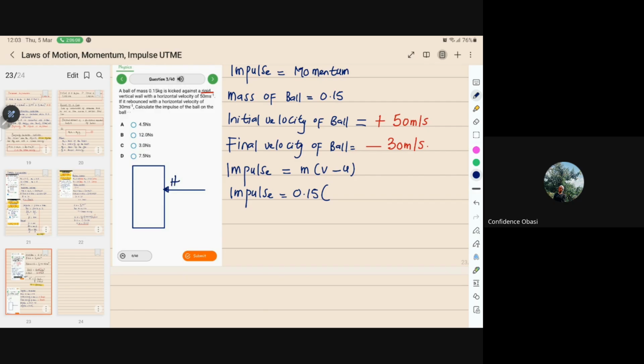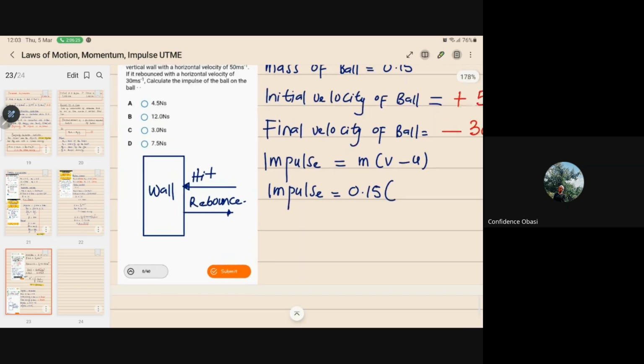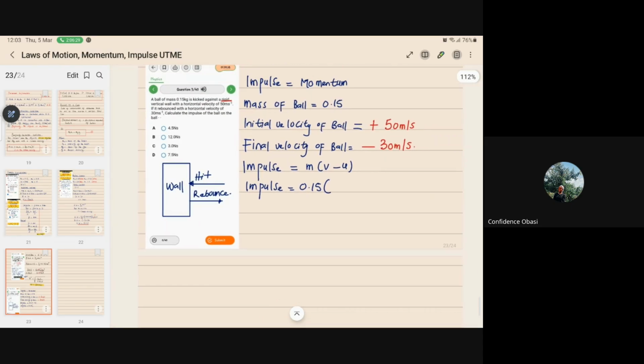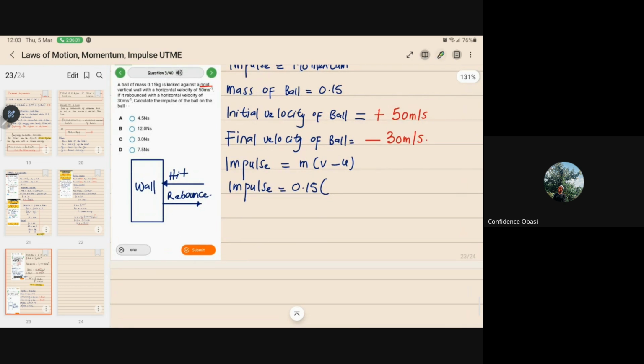So hit, rebounds. Are you seeing it now? So whichever works for you, you can change the sign depending on the sign convention you want to use, right? Hit and rebounds. So that implies the final velocity, we'll have minus 30.